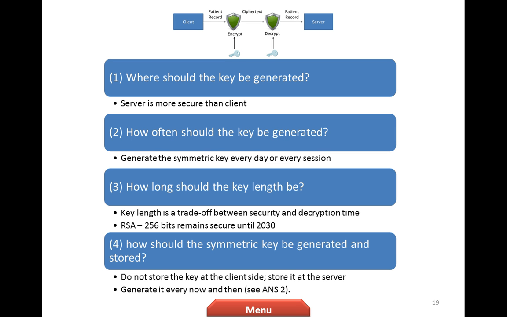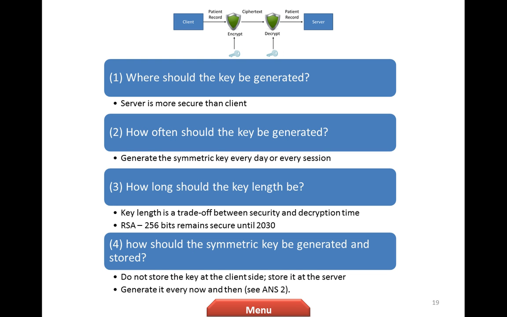Again, we look at the literature. Basically, it's a trade-off between security and decryption time. And RSA 256, again a particular choice of algorithm, suggests that that's the kind of thing that you can use, and that remains secure until 2013. So we can probably use it in the meantime.